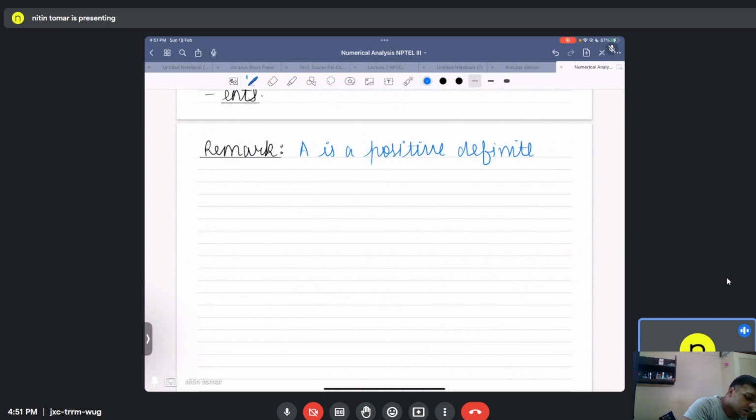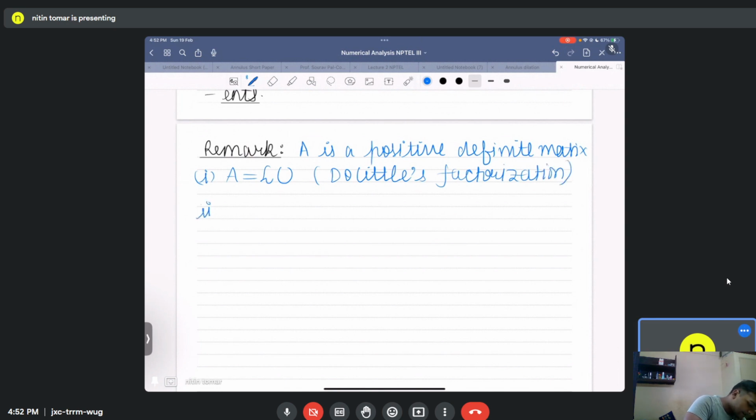So A is a positive definite matrix. Then we know A has two decompositions. One is LU, which is Doolittle's factorization. This we know, right? And secondly, we have A as L L transpose, which comes from Cholesky's factorization.